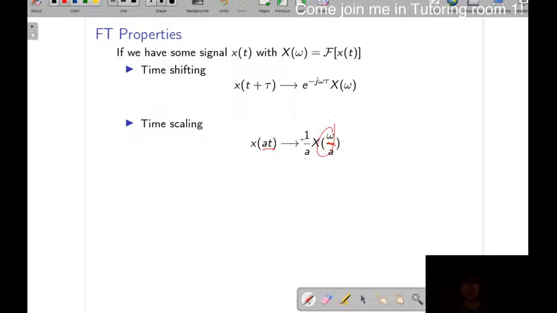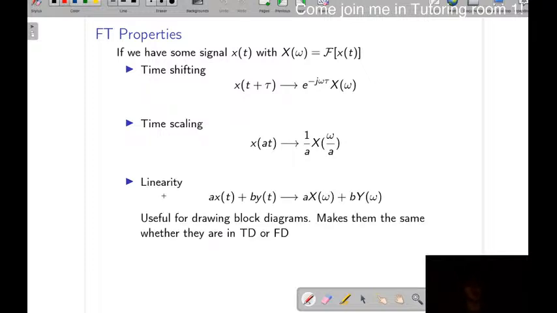And just to make sure that the energy stays the same, we'll divide it by a. So don't forget that multiplied by 1 over a if you use this property. So that's time scaling.